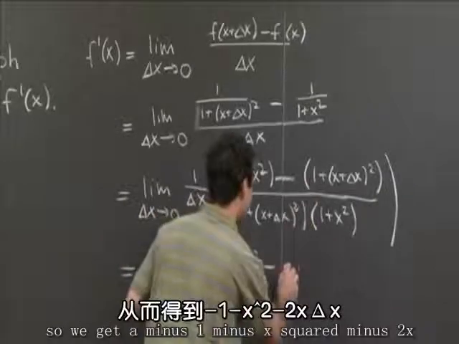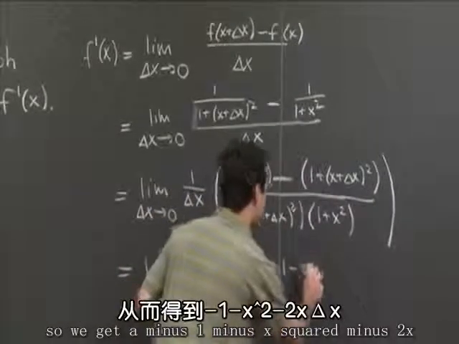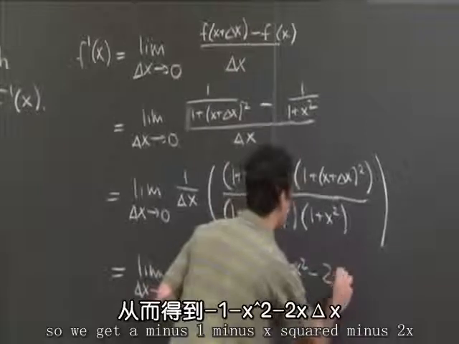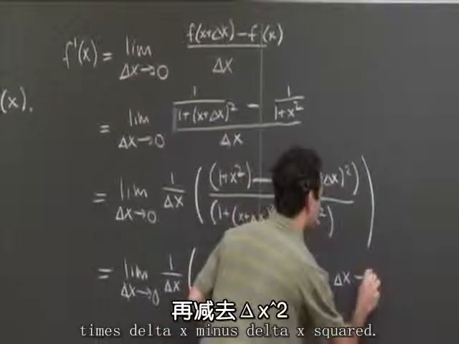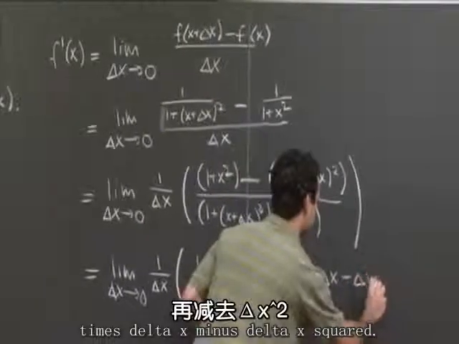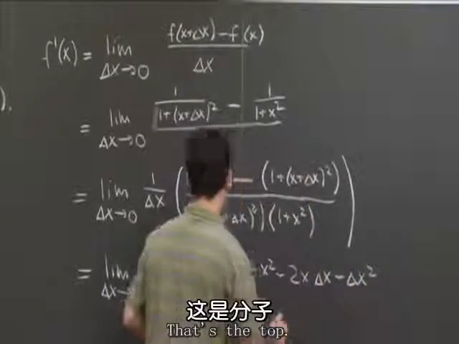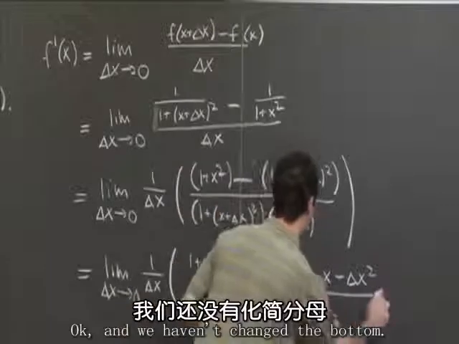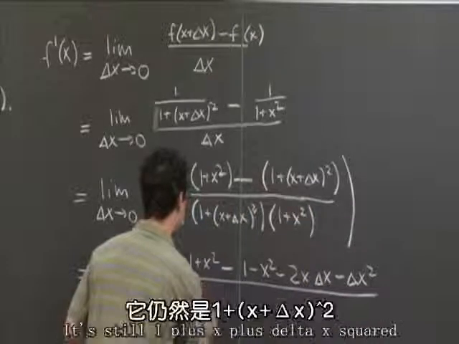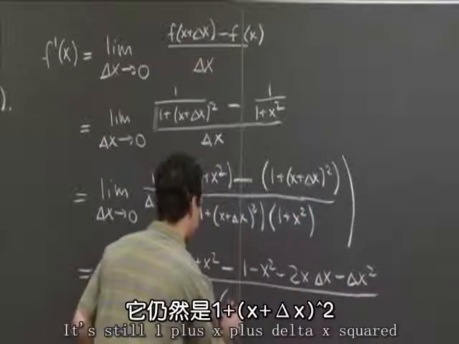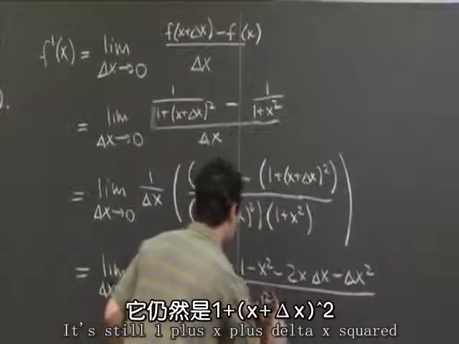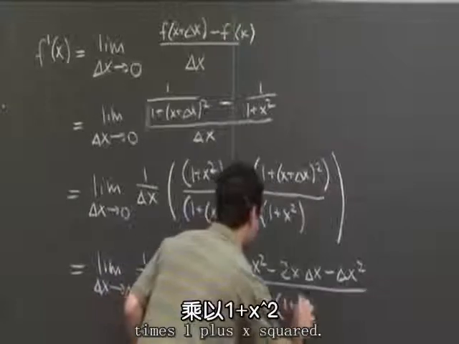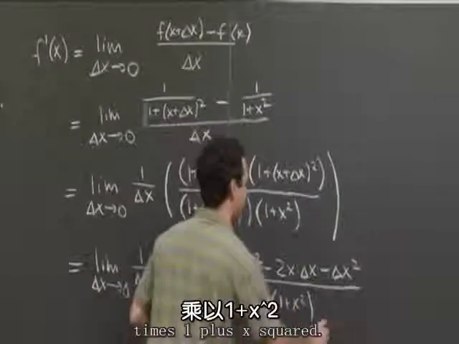So we get a minus 1 minus x squared minus 2x times delta x minus delta x squared. That's the top. OK, and we haven't changed the bottom. It's still 1 plus x plus delta x squared times 1 plus x squared.